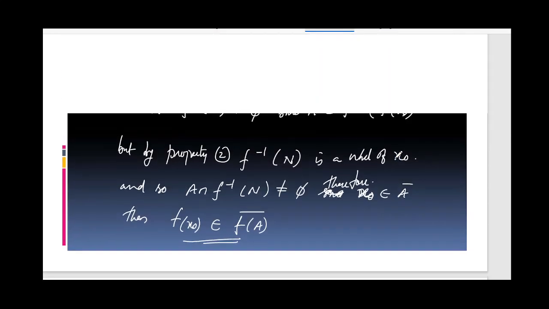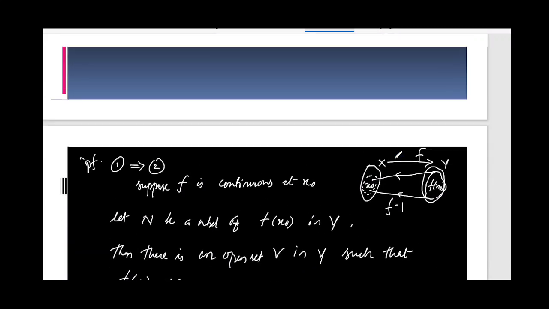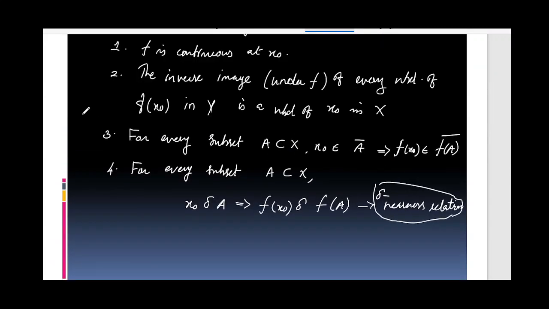This is immediate, since take condition 3 and 4. Condition 3 is for every subset A of X, and x naught belongs to A closure, we want to prove f of x naught belongs to f of A closure.